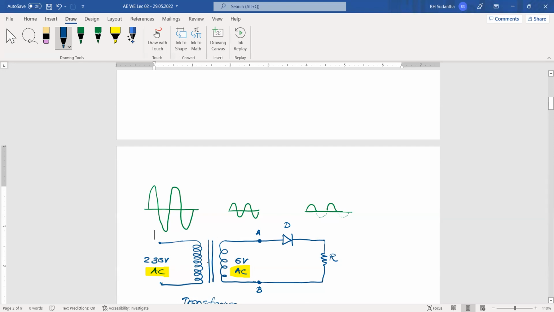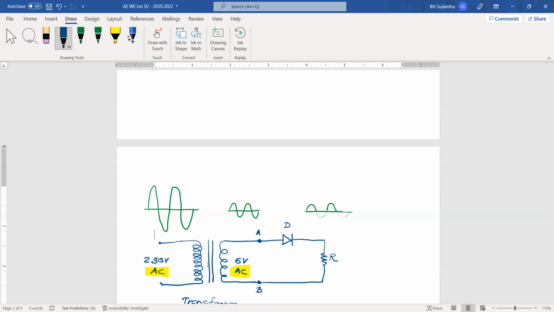Then you can have some kind of idea about how we can receive these low DC voltages from a commercially available power supply. And from all our household voltage outlets, from the plug, you can see this 230 volt AC output voltage is coming.